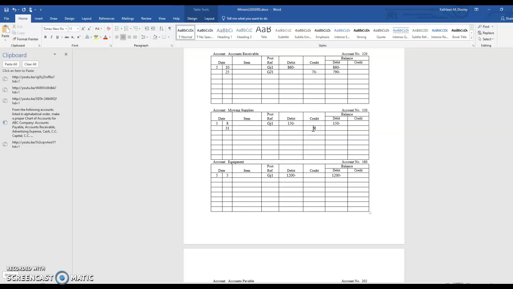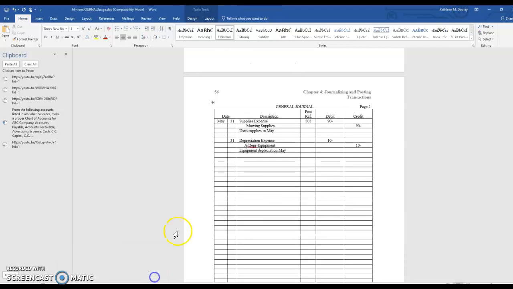That was a credit of 90. We had a debit of 150. Now we have a credit of 90. Debit and credit is subtract. So now there is a $60 balance. And hey, that matches what we said supplies on hand are supposed to be. Okay? And that was from General Journal page 2. That's account 130.